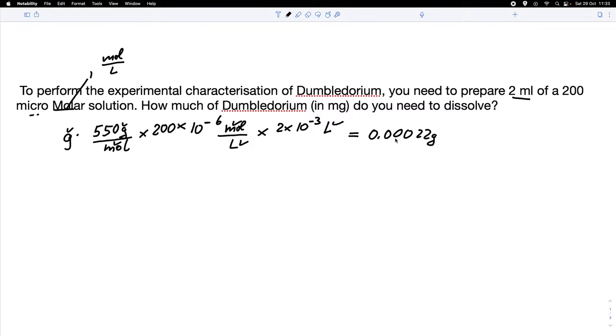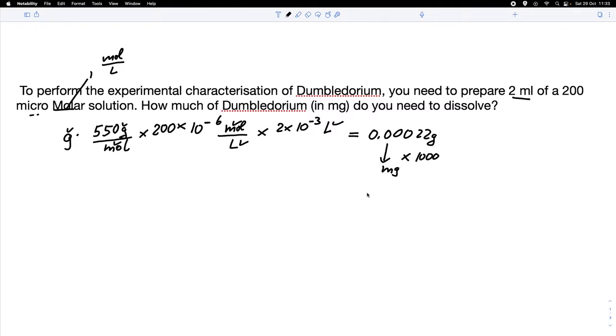Now we are asked to give the answer in milligram, and in order to convert from gram to milligram, we just need to multiply everything by 1000, because there are 1000 milligram in 1 gram.